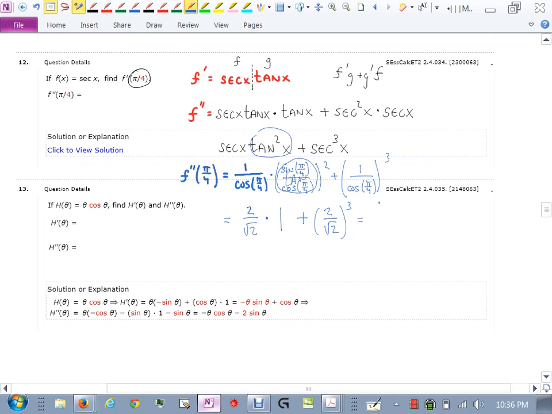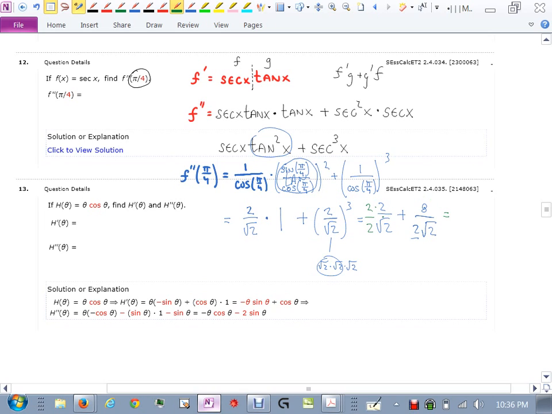So here's where we are. We have 2 over root 2, plus if I cube this, I get 8 over 2 root 2. And that's because if I take root 2 times root 2 times root 2, the first two give me a 2. That's this right there. And then I have that root 2. I'll get a common denominator real quick. Multiply top here and bottom by 2.